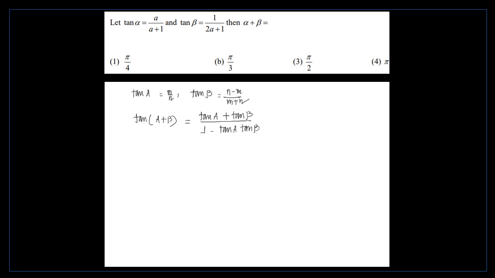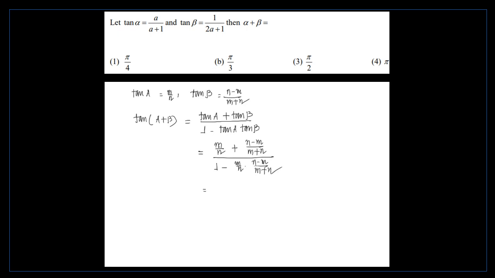Now here we can put in the values: m by n plus n minus m by m plus n, whole divided by 1 minus m by n into n minus m by m plus n.